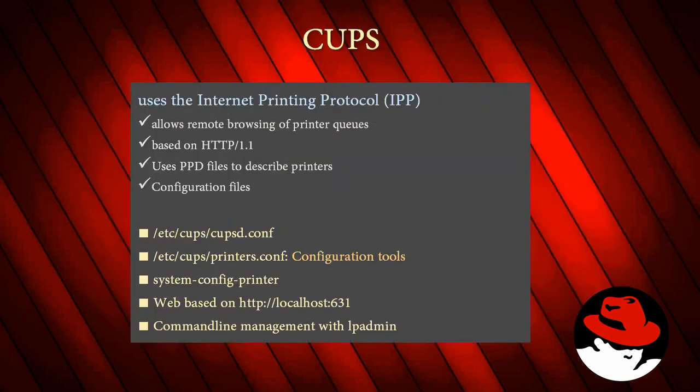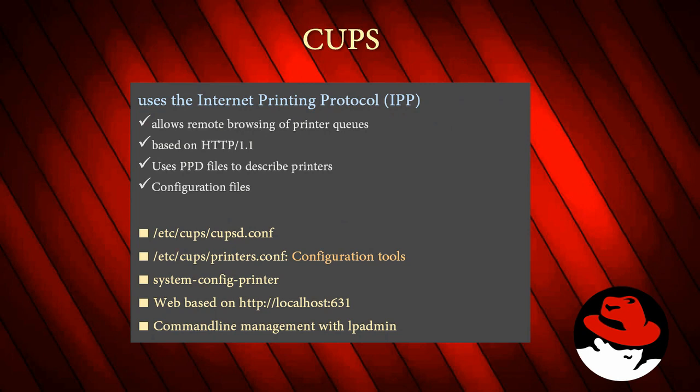Then there comes another thing called CUPS, or Common Unix Printing System. In short, it supports many advanced features such as printer pooling, automated client configuration, job redirection, and others. The Internet Printing Protocol, or IPP, is based on HTTP 1.1.